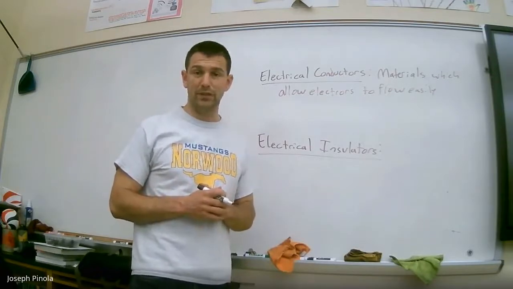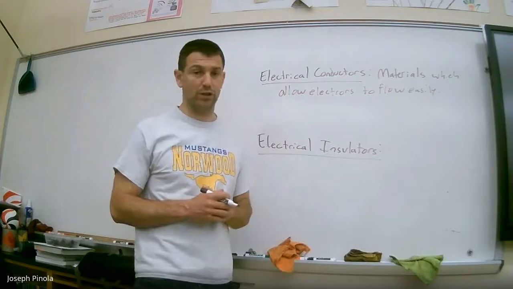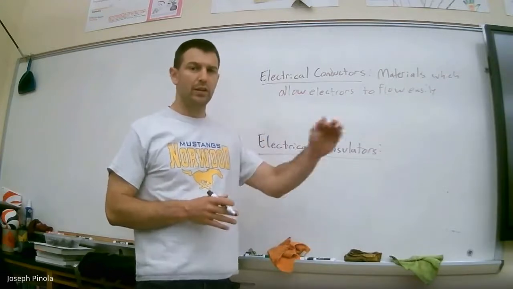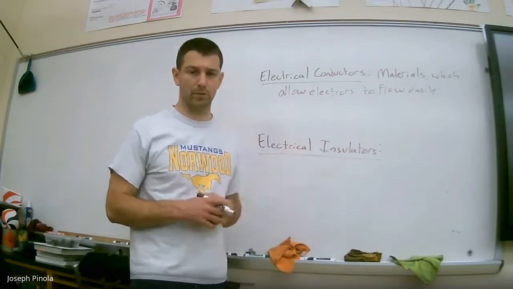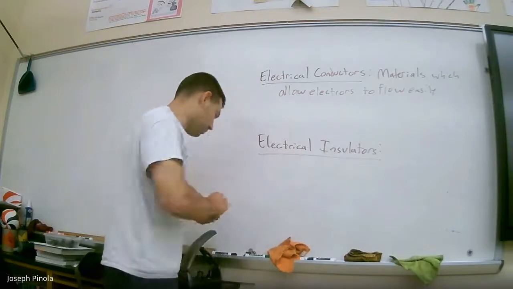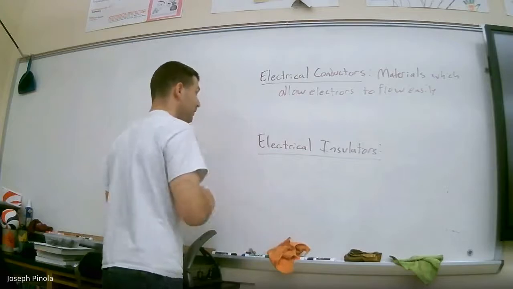That means if I put something in a circuit that's an electrical conductor, usually the electricity will flow very easily. It will be able to pass through. Most electrical conductors are metals.